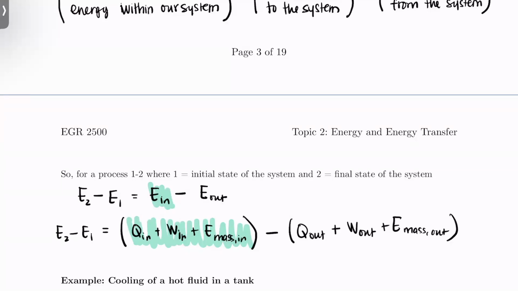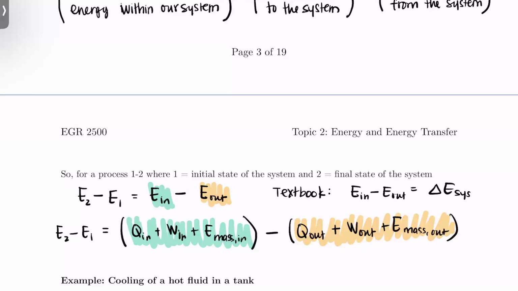All right, so that is just the breakdown of E out in the 3 different ways that energy can go out. All right, in the textbook, they'll also make reference of E in minus E out is equal to delta E of the system.